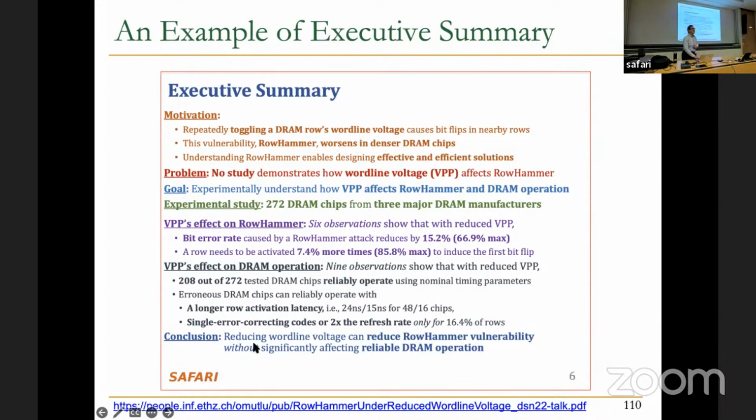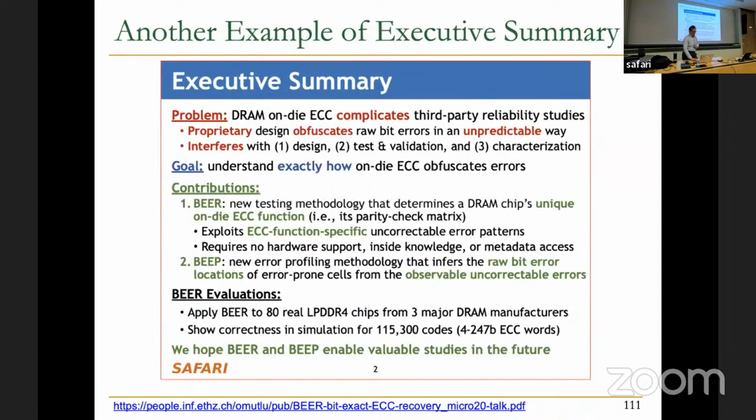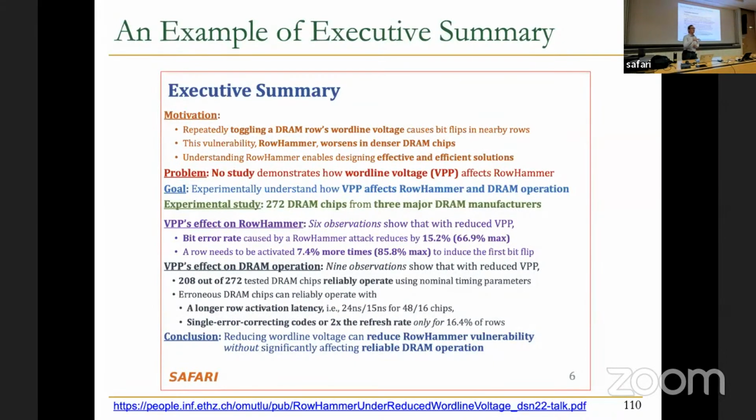Based on the results, based on the experimental study, and then a final conclusion. So this is one way of doing the executive summary. Of course, this is done by a person who wrote the paper. You're going to be someone who is really presenting the paper, so you may actually add more.